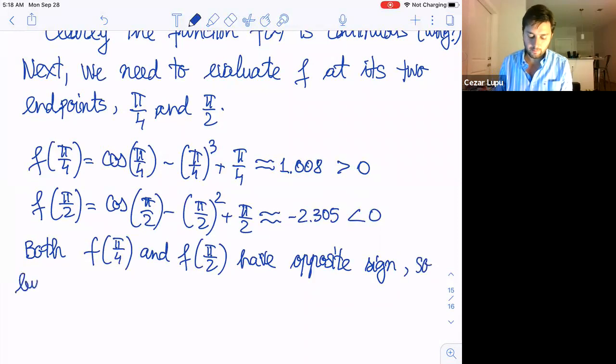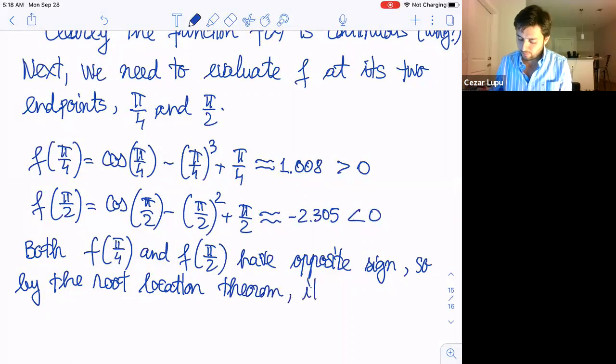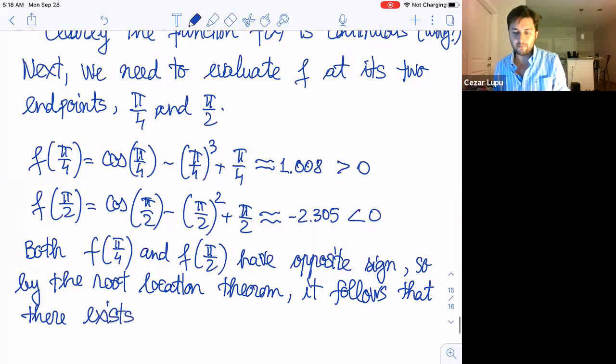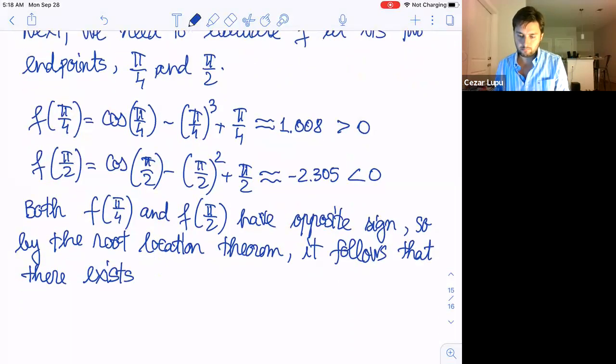So by the root location theorem, it follows that there exists a number C in this open interval, pi over 4, pi over 2, right? Such that f of C is 0. And that's it.